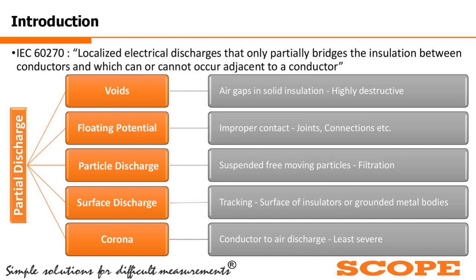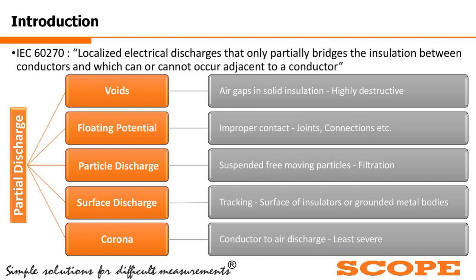We have to look out for that tracking, because initially it is not as severe as voids, but it can lead to a catastrophic failure. So surface discharge is number 2 or number 3 category, where if it is not taken care of at the right time, it will lead to a catastrophic failure.